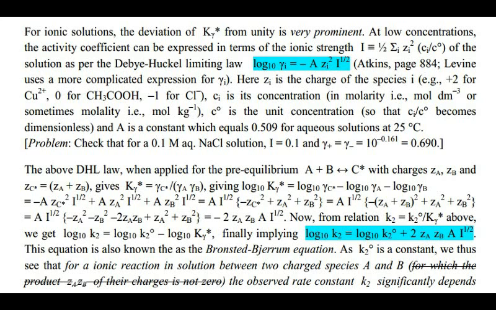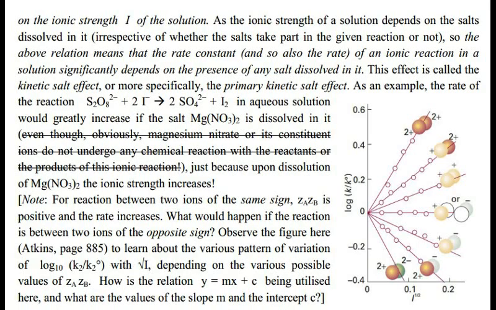Now in presence of other ions, even unreactive ions and other salts, suppose we're talking about the reaction between persulfate and iodide, if we put ammonium nitrate or magnesium nitrate, then the rate constant will greatly change.